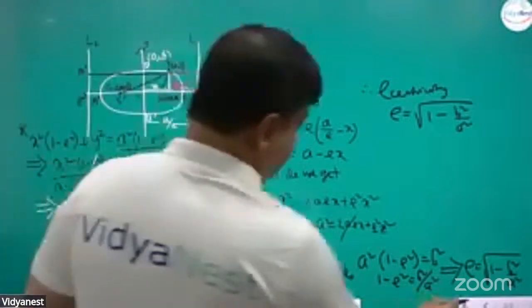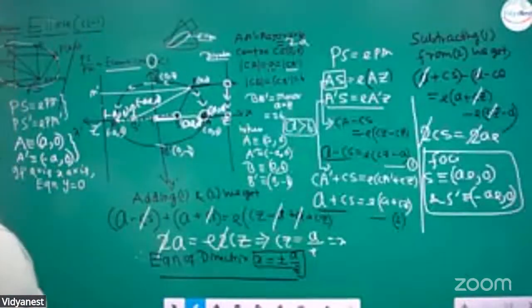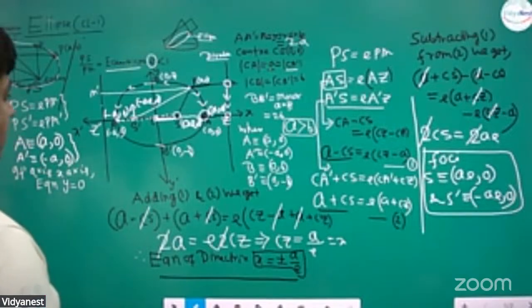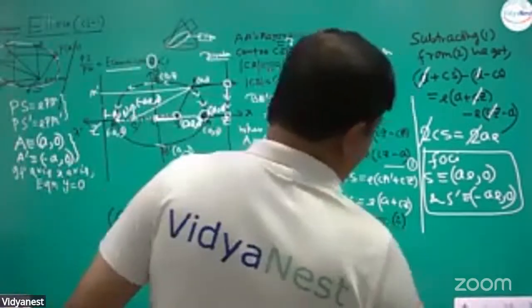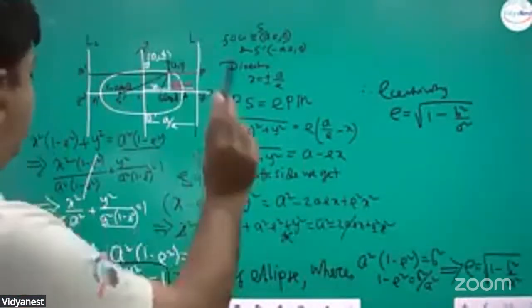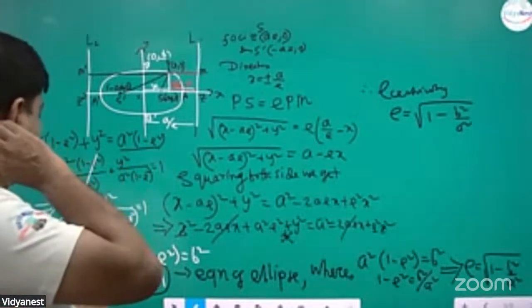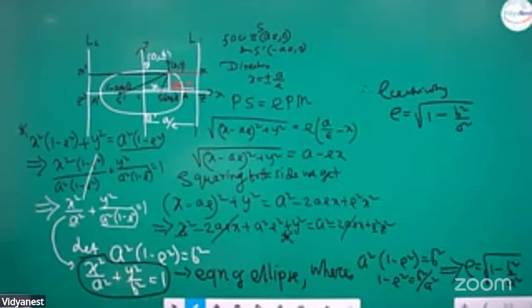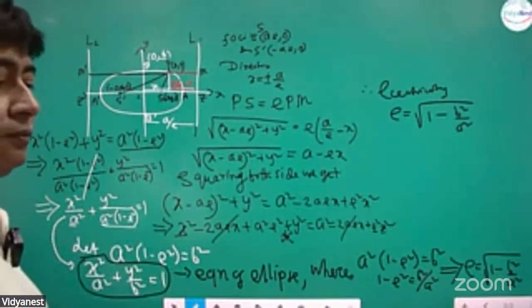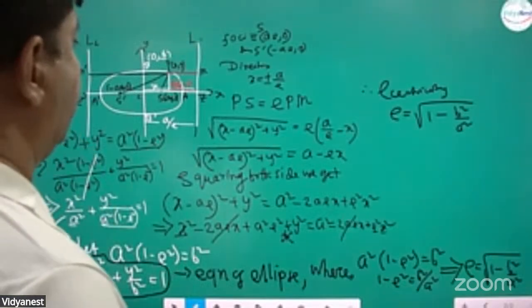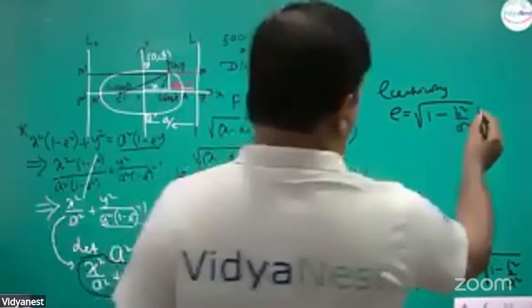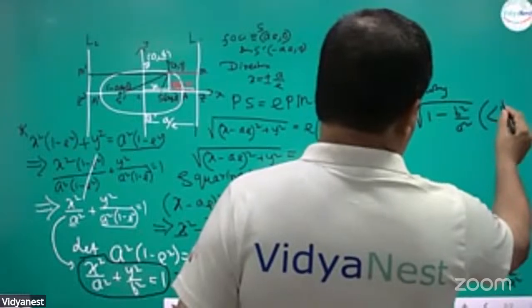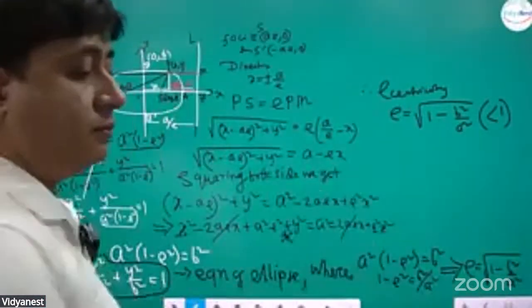So see, the previous page and this page cover the primary formulas of the ellipse. Less than 1. Okay.